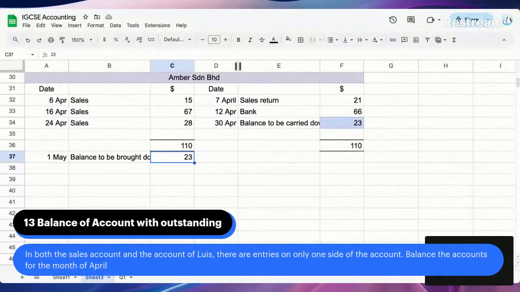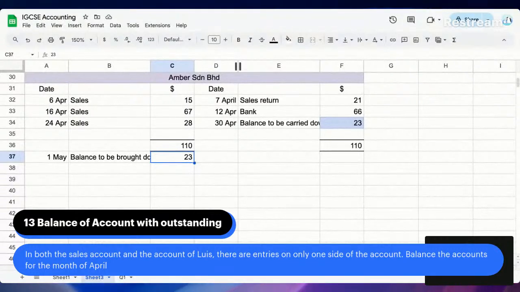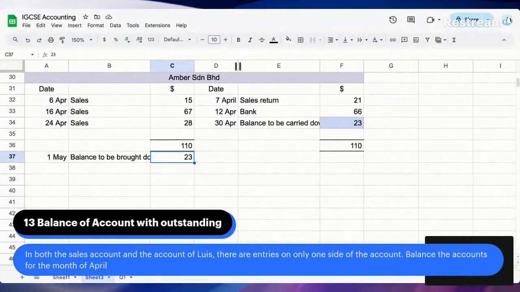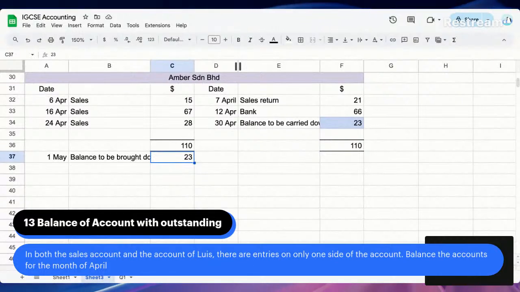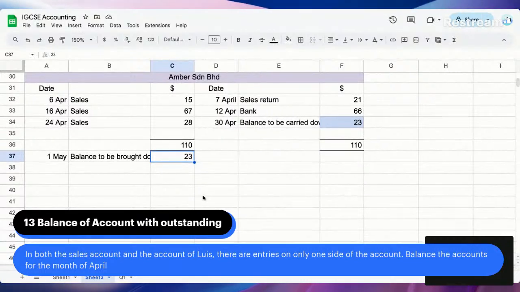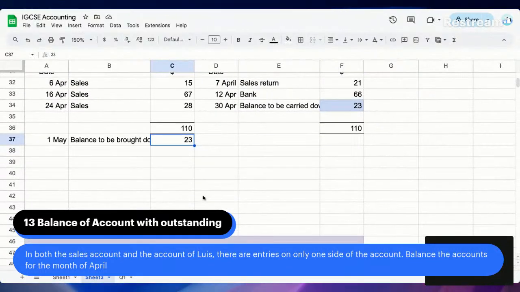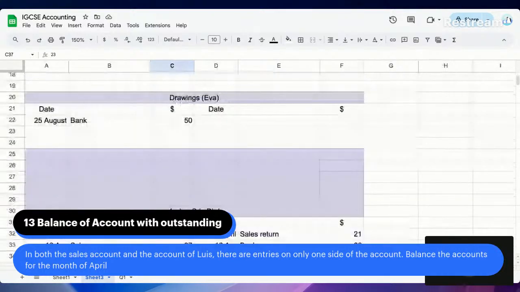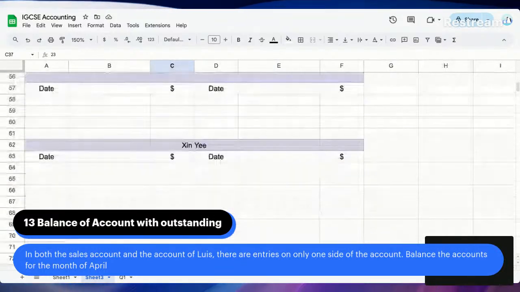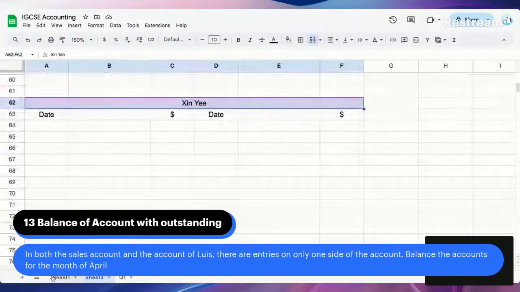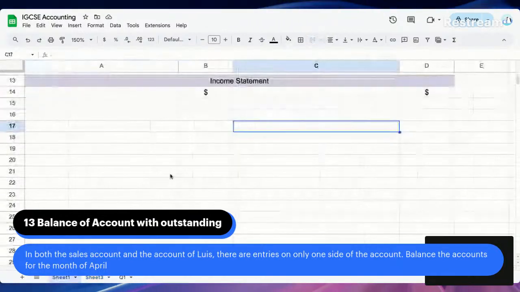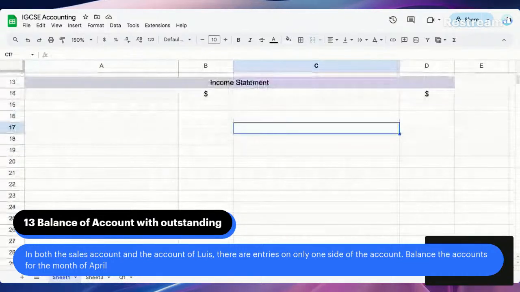For this exercise, in the sales account of Louis, there is a series of entries on only one side of the account, and we need to carry the balance to the other. Let's see whether I have keyed in any of them. Looks like not yet. No worries, let me do that right now. Oh no, I actually did it. Never mind.